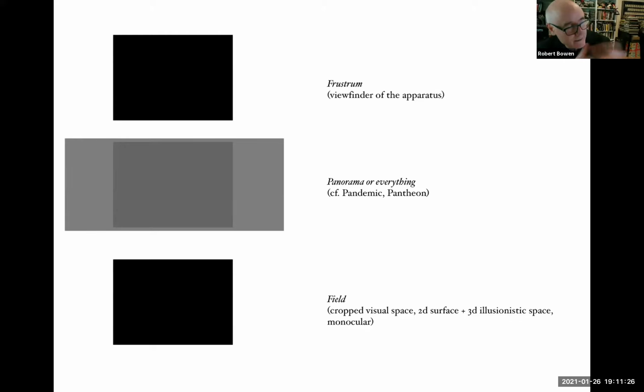So Pan was a Greek god, but pandemic is what we're going through right now, and it's affecting everything. And the Pantheon is one of the great buildings in Rome. It's one of the few Roman buildings that is still intact.